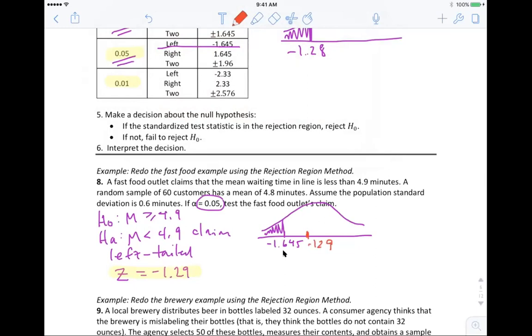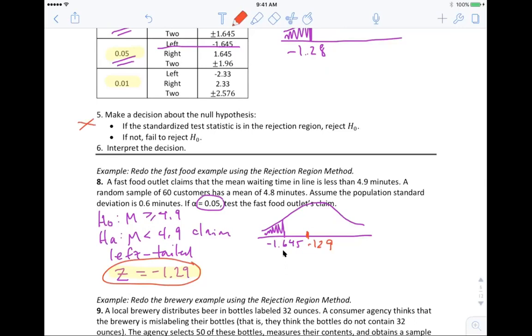It would be something over here to the right of negative 1.645. So the z is not in the rejection region. Okay, so say that again. That z-score that we found is not in the rejection region. It's outside of the rejection region.